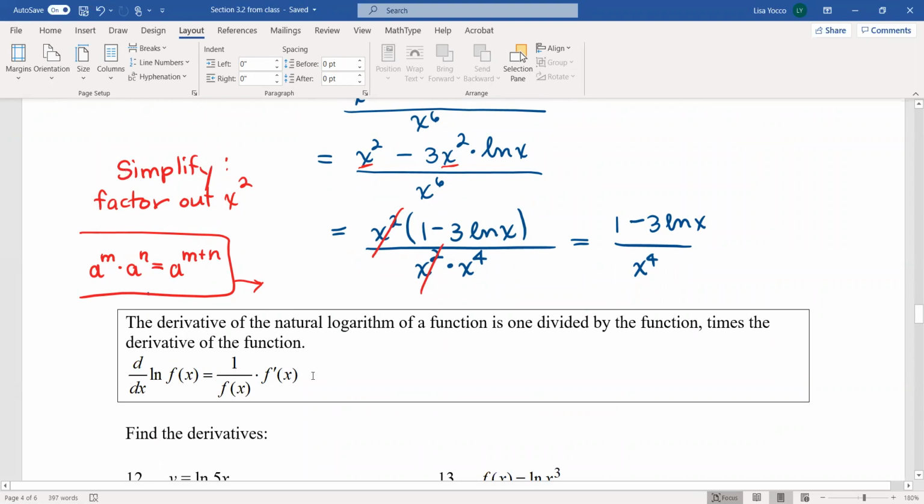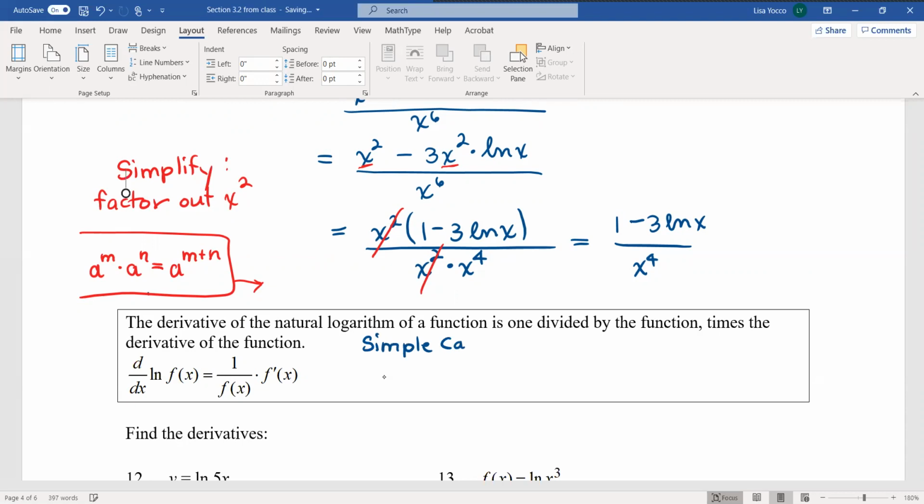Although this rule works for the single variable x too. All right, and notice that it starts off the same. This simple rule, or the simple case, is that the derivative of natural log of x is 1 divided by x.